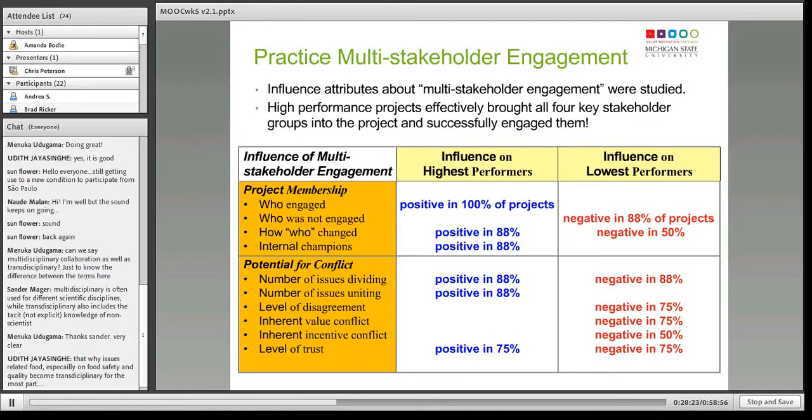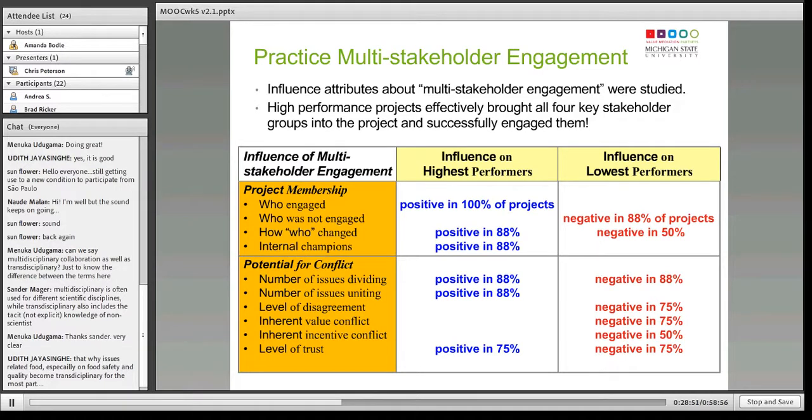And then we looked at a number of potentials for conflict within the project group itself. And again, you will discover that these things tended to be managed in positive ways when it comes to the high performance projects.